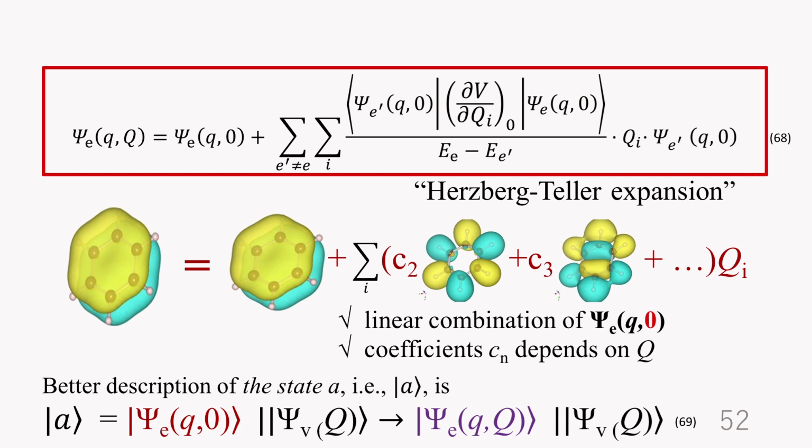Molecular vibration is not only one. For polyatomic molecules, there are 3N minus 6 kinds of molecular vibration. So the mixing nature depends on each vibration. But anyway, instead of expressing the wave function by considering the electronic wave function and vibration wave function separately, we should use the electronic wave function with the mixing along with the vibration Q, and the vibration wave function.